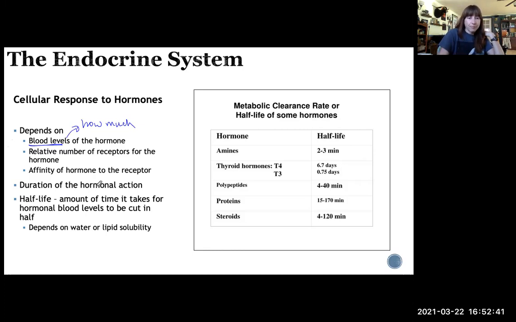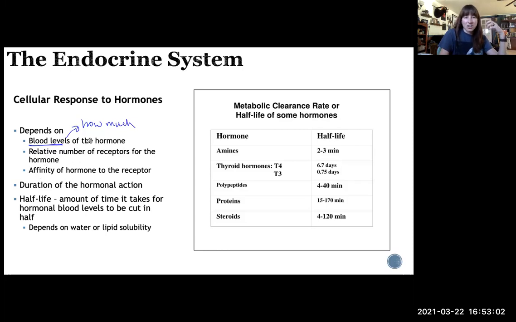So how long the hormonal action lasts depends on, of course, how much of the hormone is there, which depends on how much was released, how many receptors you have, and how strongly they attach to the receptors.